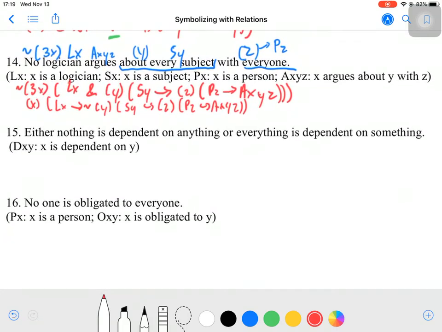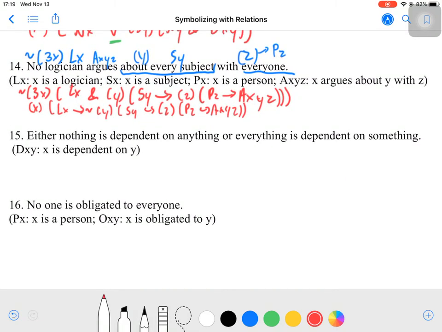Let's go on to 15. Either nothing is dependent on anything or everything is dependent on something. So we're going to see that we have two clauses here. We have a disjunct: clause 1 and clause 2. Clause 1: nothing is dependent on anything. So let's start with there. It is not the case that there exists an x such that, for some y, Dxy, x depends on y.